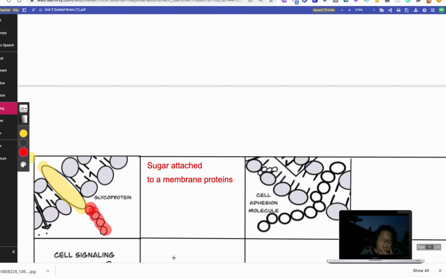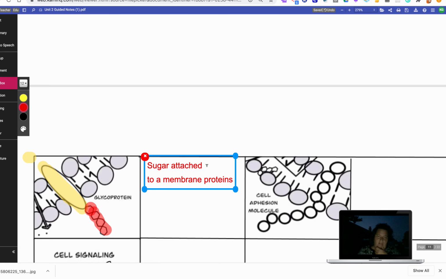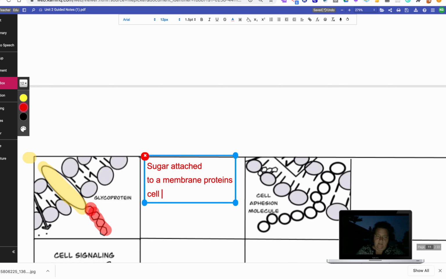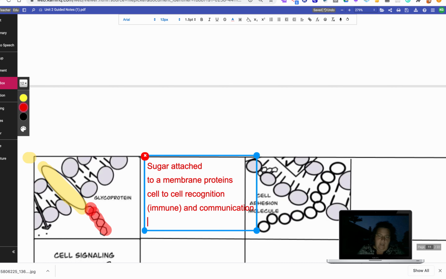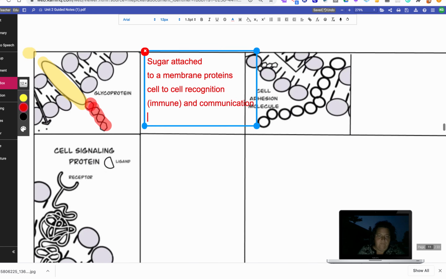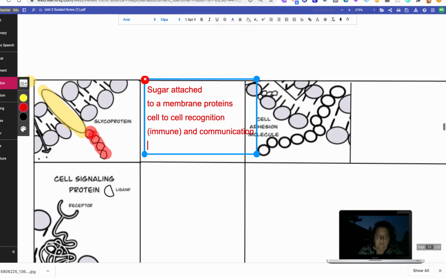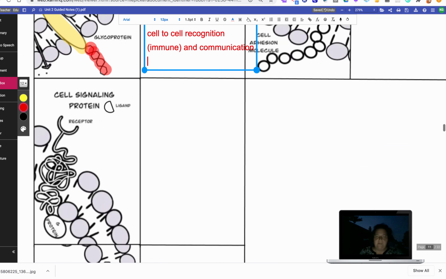They can be much longer than this. But glycoproteins often are involved in cell-to-cell recognition, so, for example, in your immune system. So they're involved in cell-to-cell recognition and communication. I'll just leave it at that for this purpose.